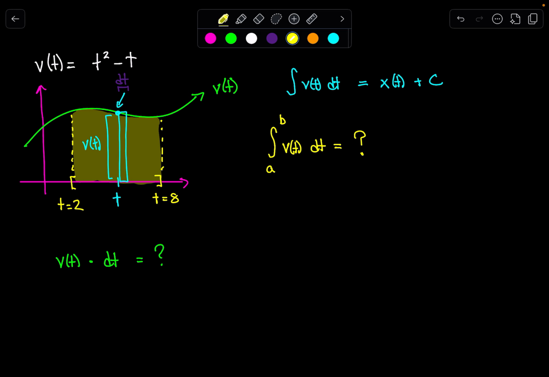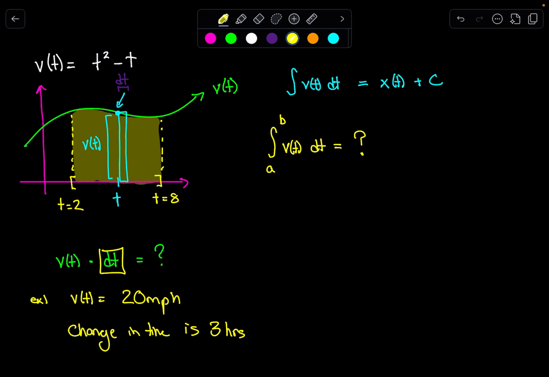If you're not entirely sure, let me give you a simpler example. Let's say your velocity is 20 miles per hour, and your dt, your change in time, is 3 hours. What information can we get from this?